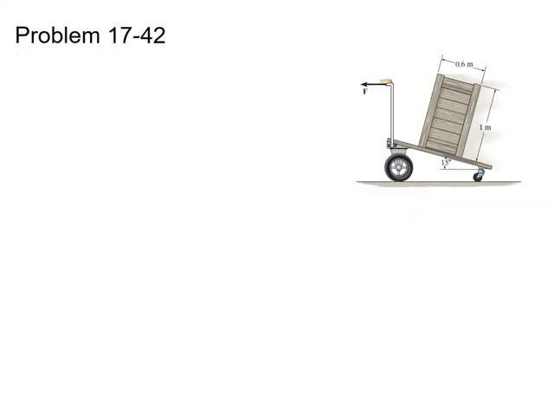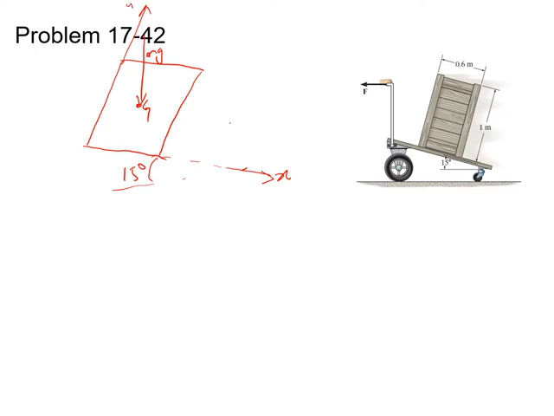On the previous slide, the free body diagram that I made was this: this was the crate, this was the point G on the crate, and at G the weight is acting vertically downward, and the crate is making an angle of 15 degrees with the horizontal. Let us say this is our x-axis and this one is our y-axis.